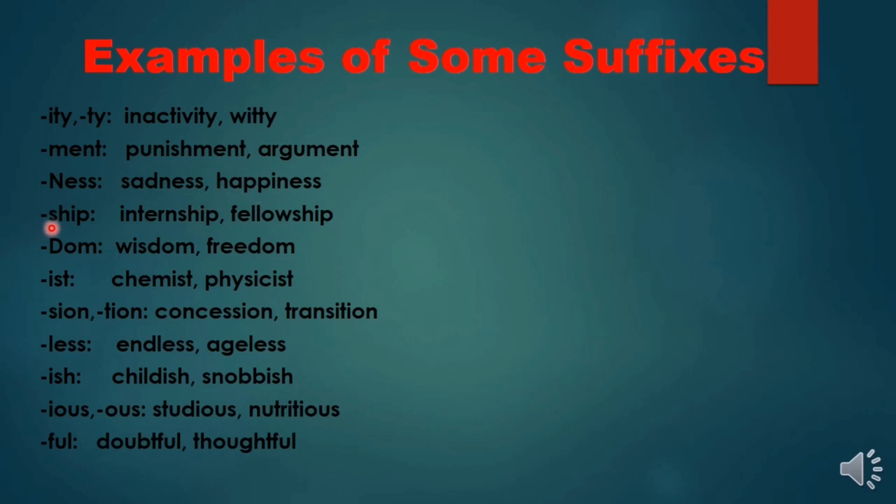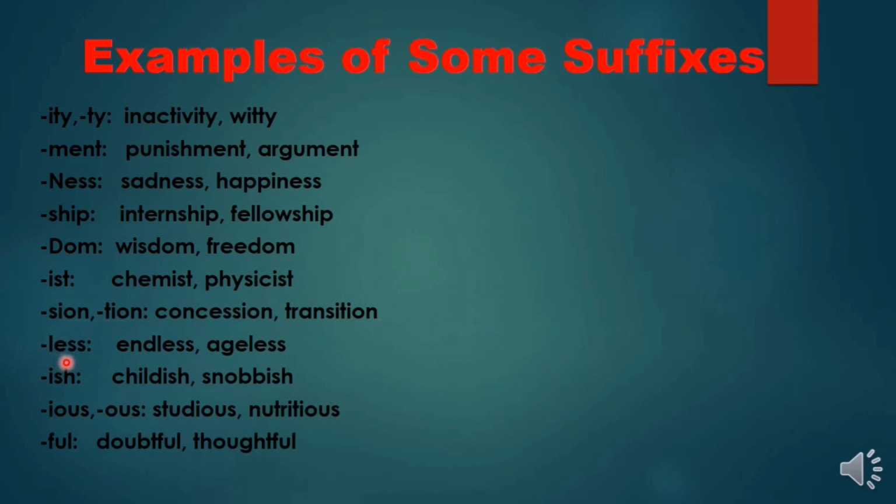By adding ship, the words can be like this: internship, fellowship, etc. By adding dom, the examples are wisdom, freedom. By adding ist: chemist, physicist. By adding sion or tion, the words look like concession, transition.